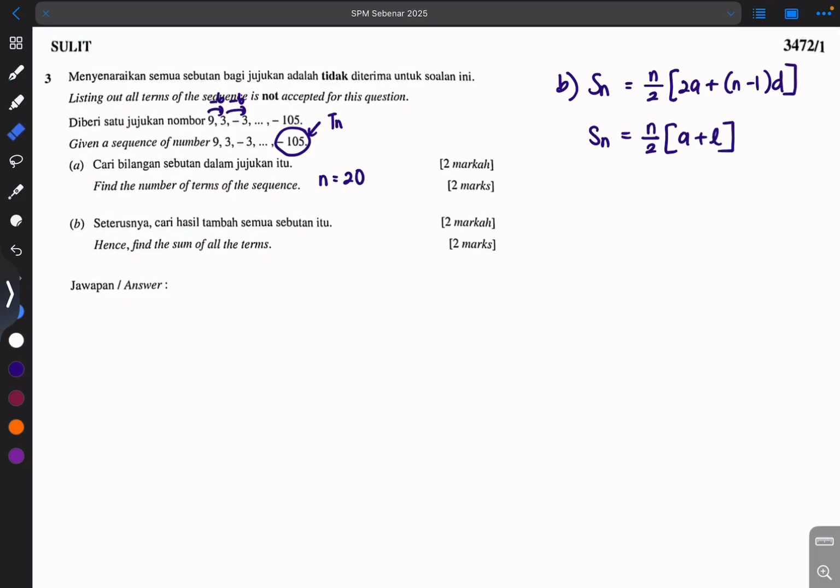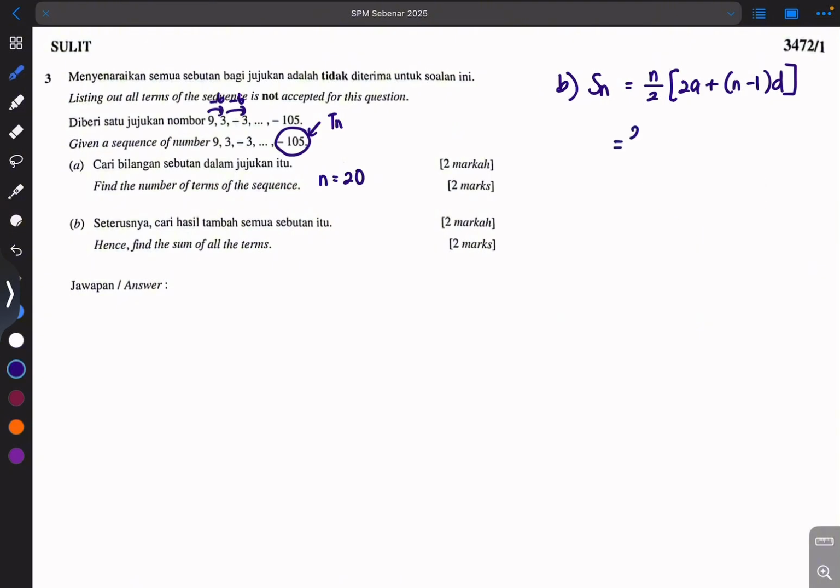To stay safe, we just use the one that is given in the exam. The one that's not given is actually easier because we already know our a and our l, so you can just put a and l. a is the first term, l is the last term. But since it's not given in the exam, we just use this.